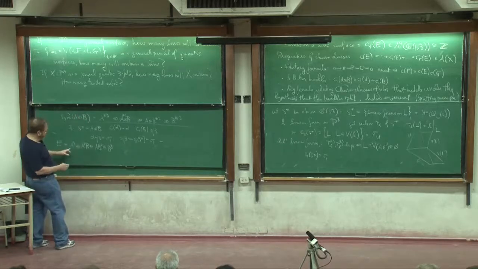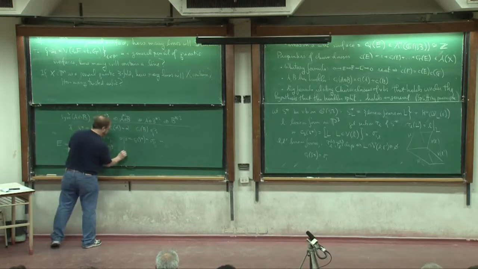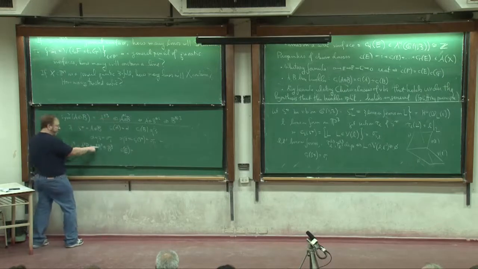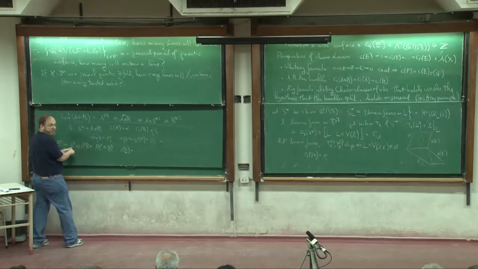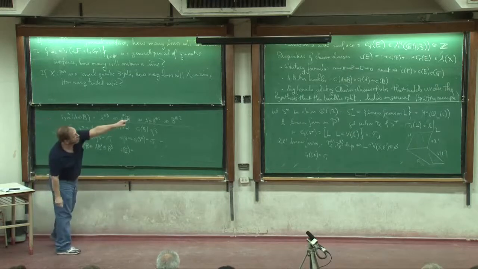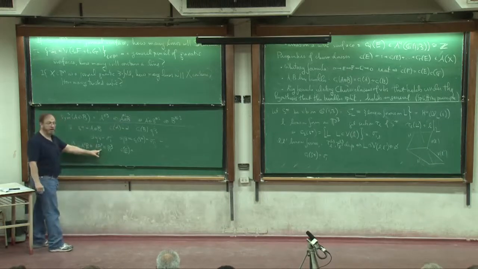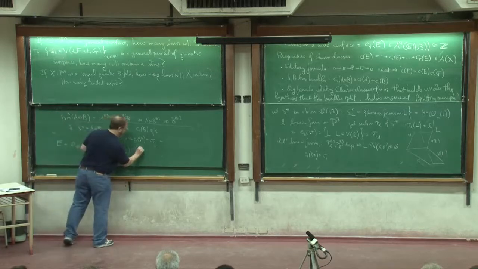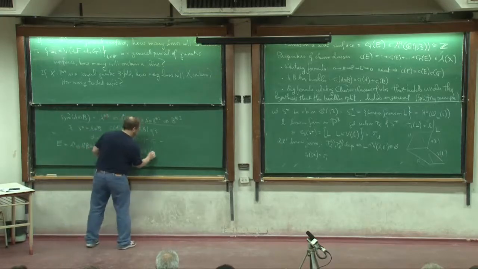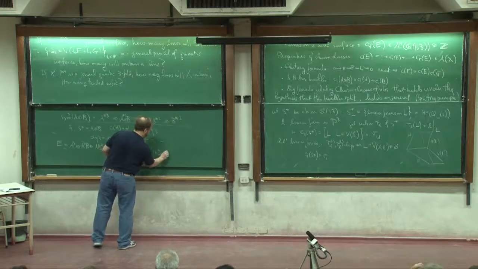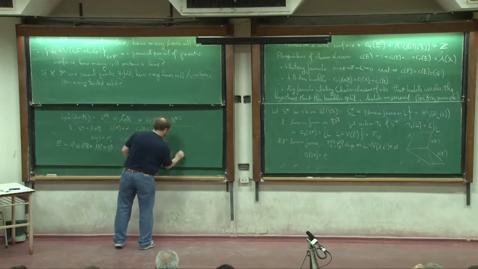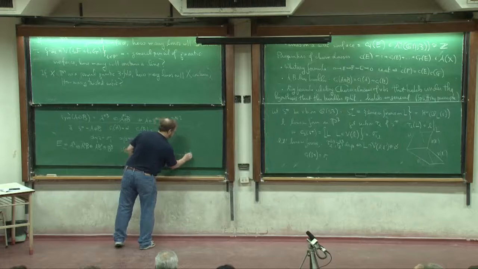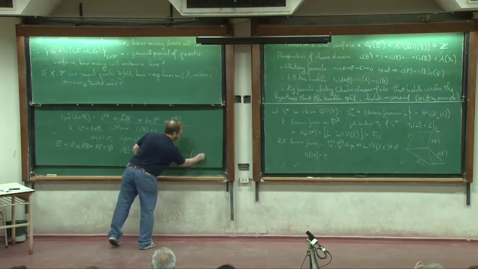And so in particular, the total Chern class of E would be the product of the total Chern classes of these line bundles. And by the second basic rule for Chern classes, we know what those are in terms of alpha and beta. This would be 1 plus 3 alpha. This would be 1 plus 2 alpha plus beta. 1 plus alpha plus 2 beta. And the last one is 1 plus 3 beta.